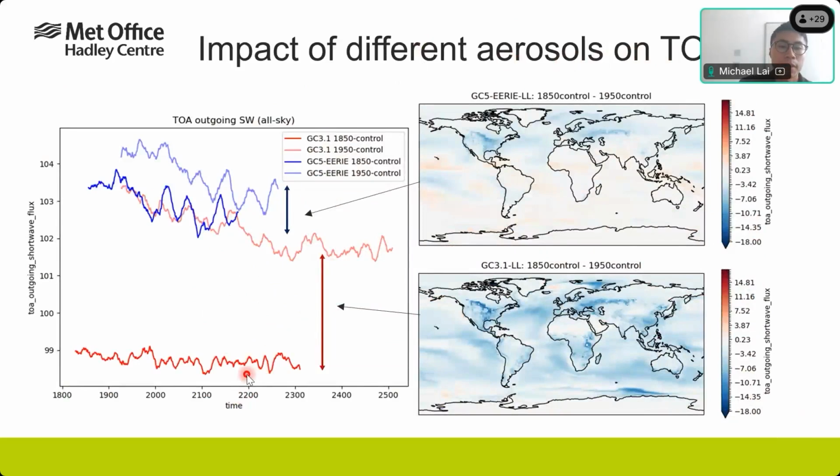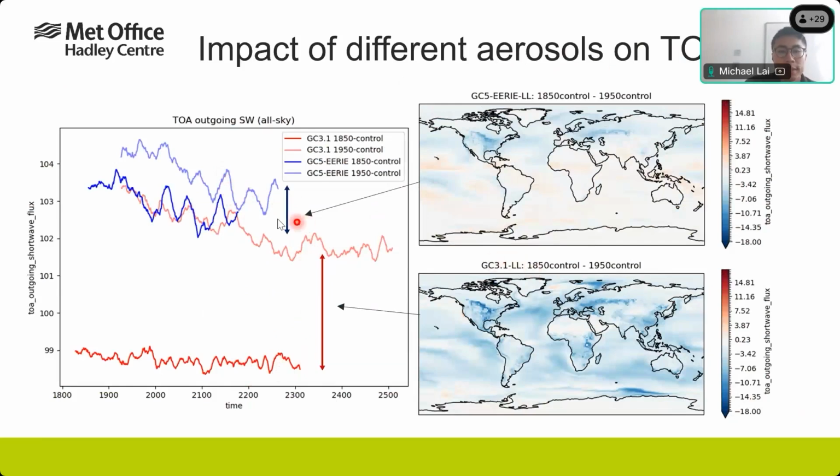The darker lines on the left on the time series are the 1850 controls, and the pale lines are the 1950 controls. The pair of blue lines are additional experiments which control for the aerosol. Remember, for the red line here, the Met Office model used the GLOMAP aerosol scheme, and for the pale line, they use EasyAerosol. For the blue lines, now we've used GLOMAP for both. And the difference between these two pairs is shown on the right-hand side here.